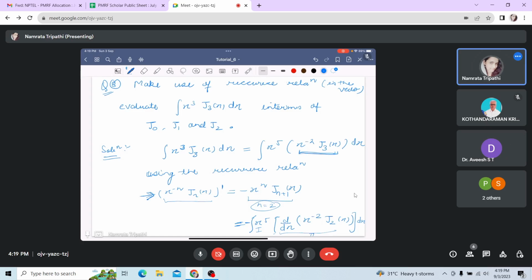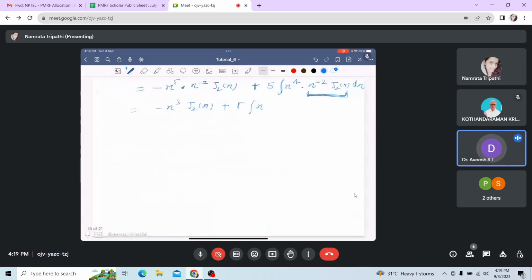Sorry, please repeat, your voice is breaking. In the second term, the integral of x square j2 of x is there, na madam? Yes, this is x squared z2 of x dx. We can write it as x cube into x to the power of minus 1 j2 of x. Okay, fine.